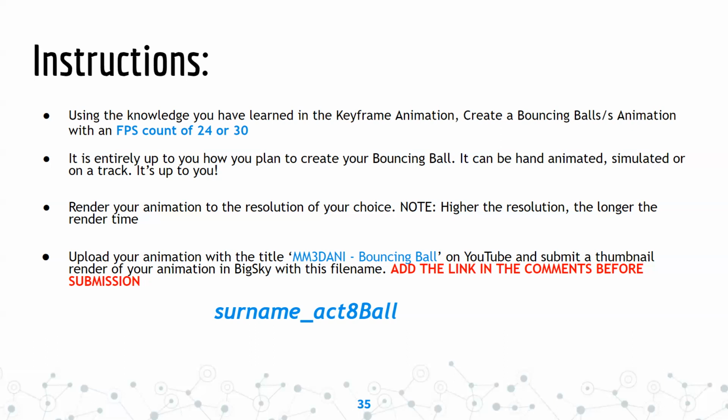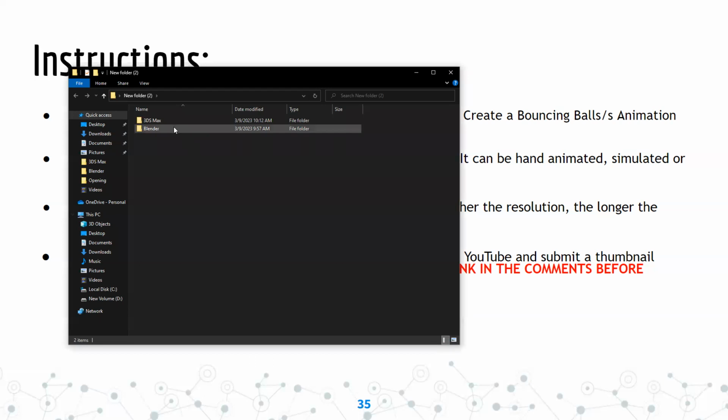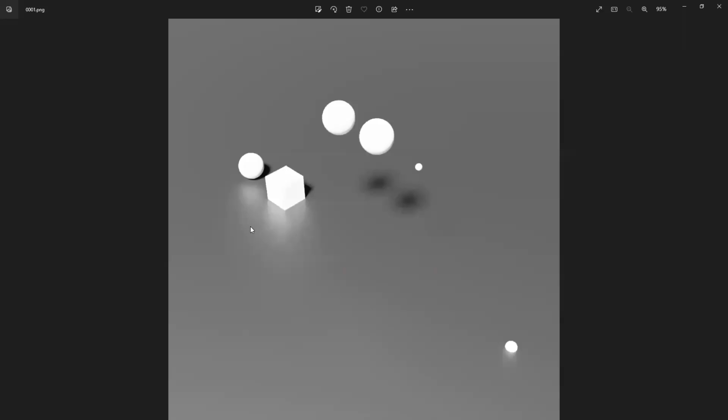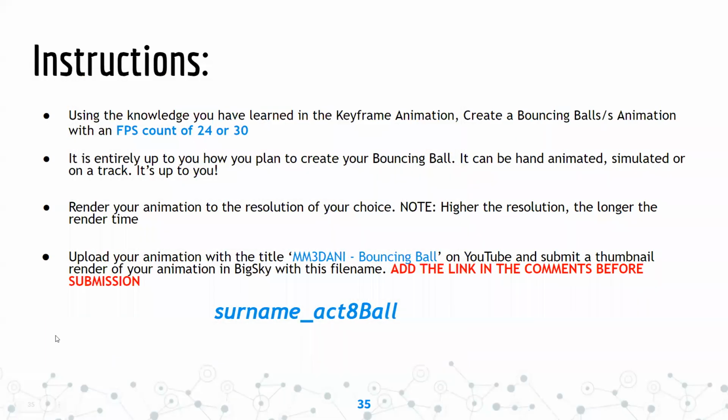So what you submit to Dropbox is a thumbnail, no? Do you need to make an actual thumbnail? Not really. Just pick from your image sequence, and submit that. That's your thumbnail, and that's what you submit to Big Sky. And then, in the comments, you put the link of your YouTube video, your MM3DANI bouncing ball.